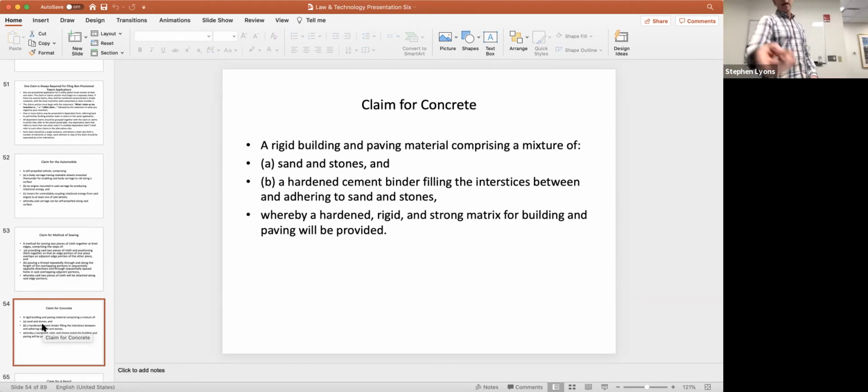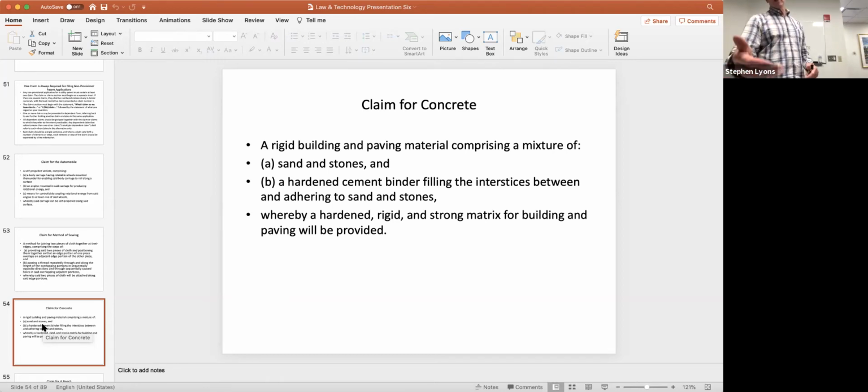You can take this claim for concrete and take out the word concrete and some of the other words and describe an epoxy or a resin or some other material, some polymer that you use to create a solid surface.